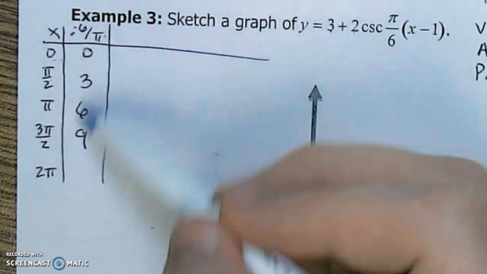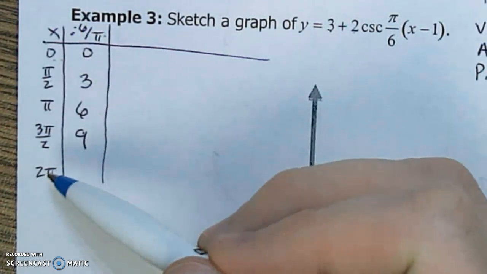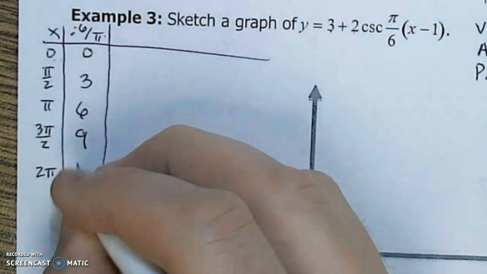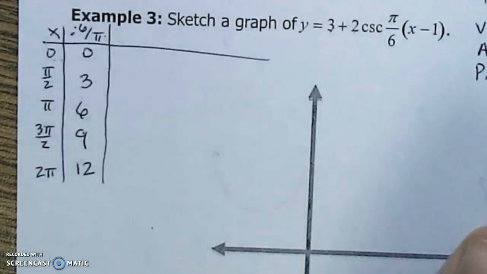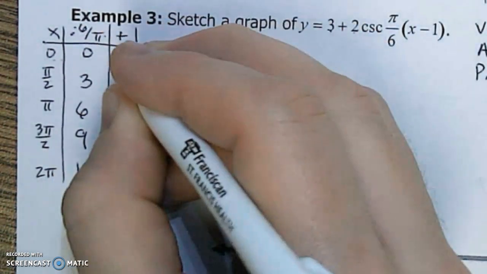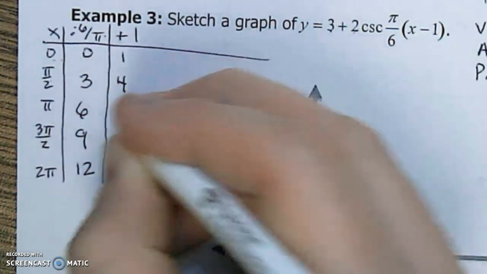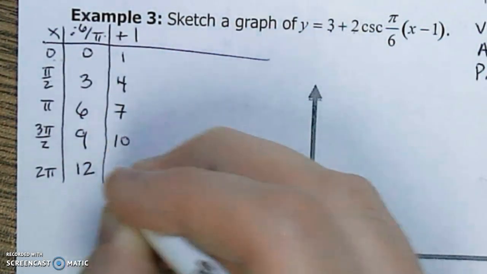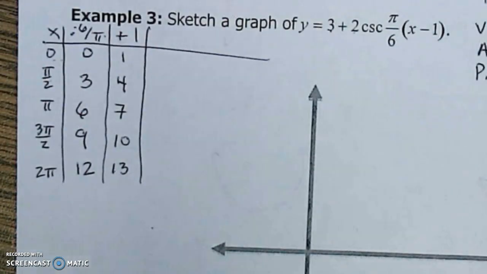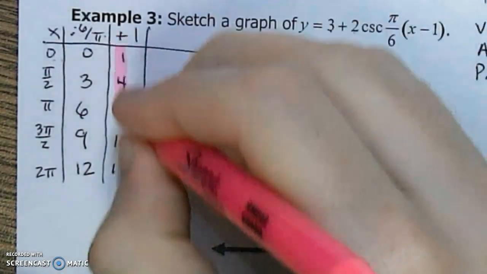And then 6 over pi times 2 pi is 12 pi over pi, or 12. Then that minus 1 tells me to add 1 to all those values. So 1, 4, 7, 10, 13. These are the x values we're going to put in the graph.